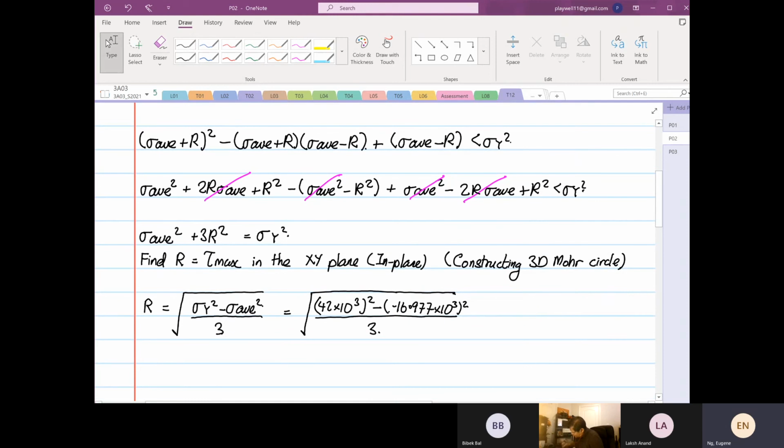Okay, square root the whole thing, so this will be equal to 42 to the power 3 squared minus 16.977 to the power 3 squared divided by 3, and then square root the whole thing is equal to 22.179.